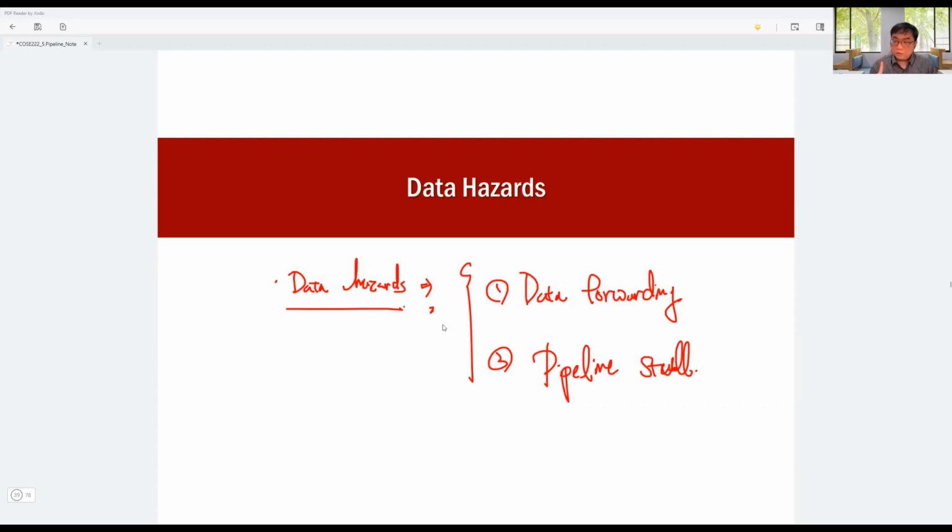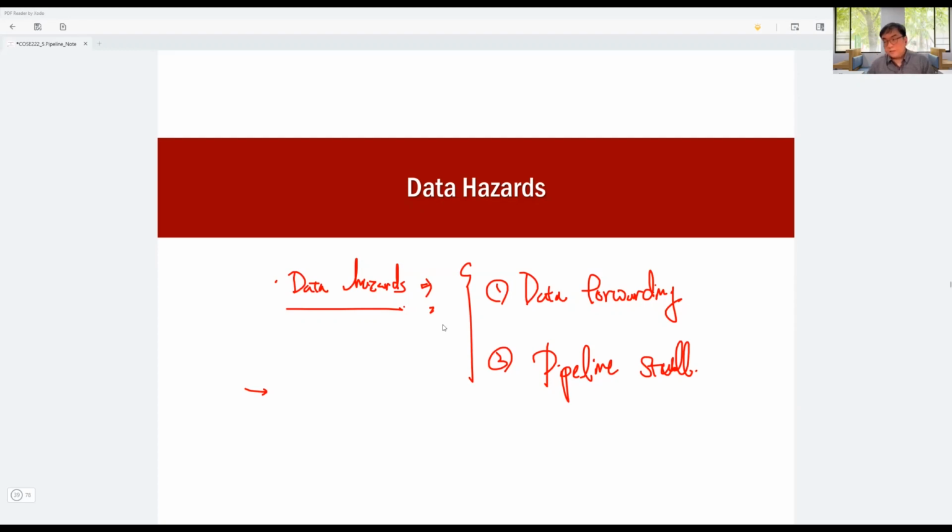The result of a load instruction is generated at the end of the memory stage, but if the very next instruction requires that result, then when the next instruction is in the EX stage, the load instruction is in the memory stage, and the required data is not generated yet.